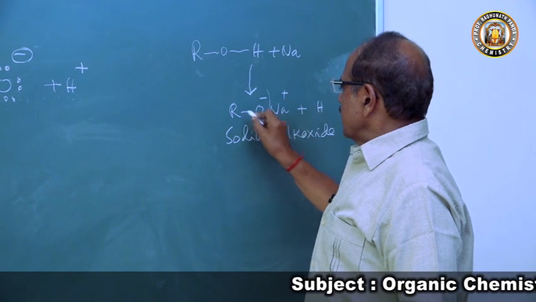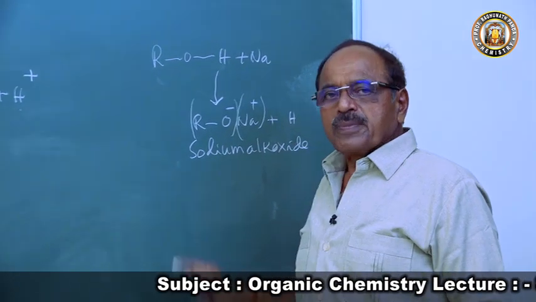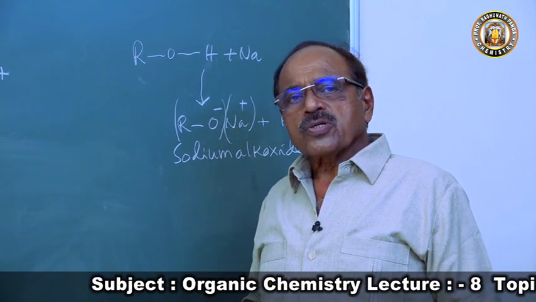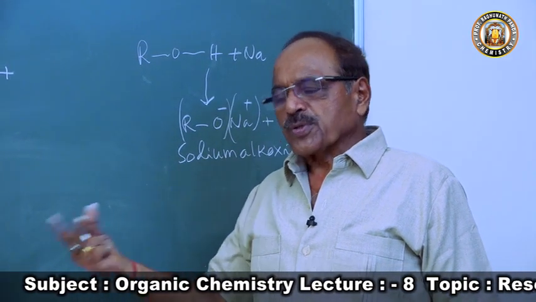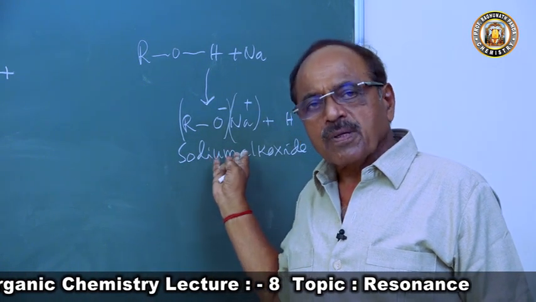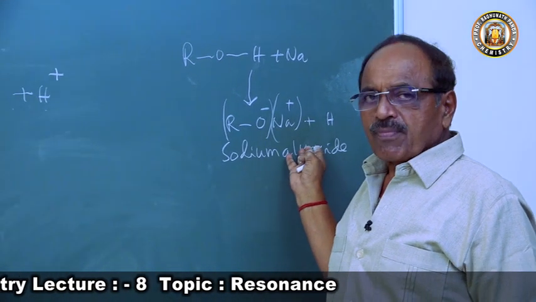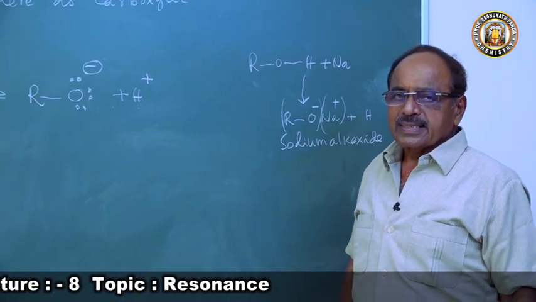RO minus is alkoxide, Na plus, so this is sodium alkoxide, and H. That means those compounds which donate protons, or which have a replaceable hydrogen atom, are acids. So alcohol has this property, and one may think that alcohol is acidic.